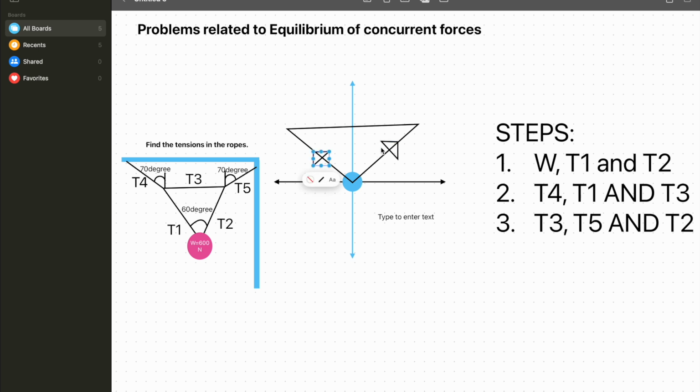This is T1, this is T2 working, and this is our mg working.